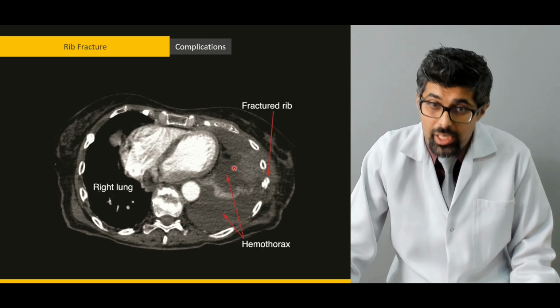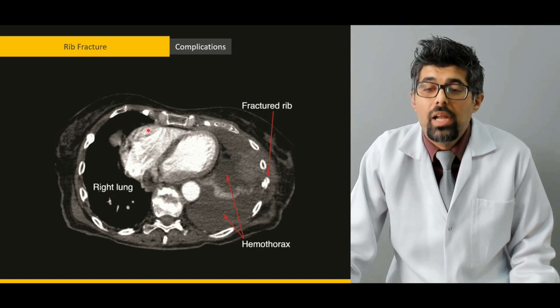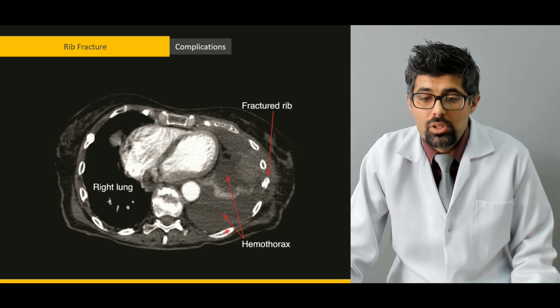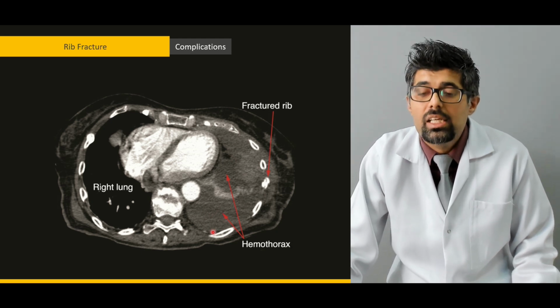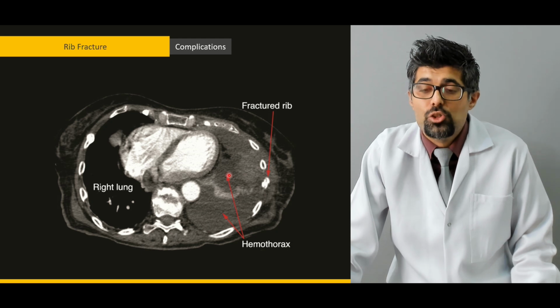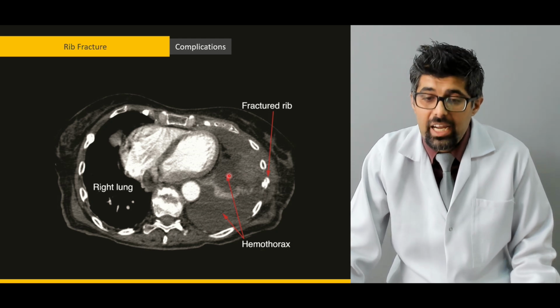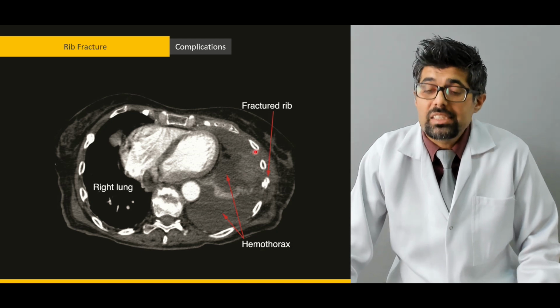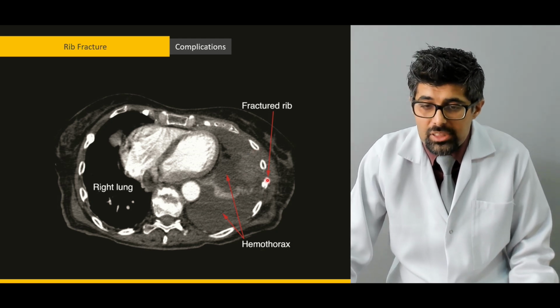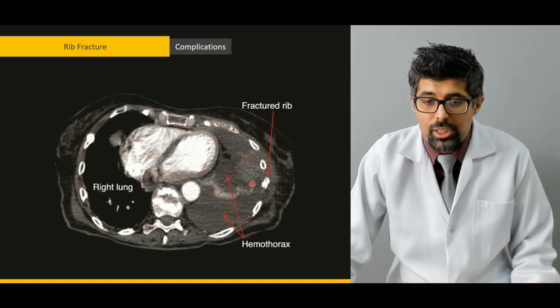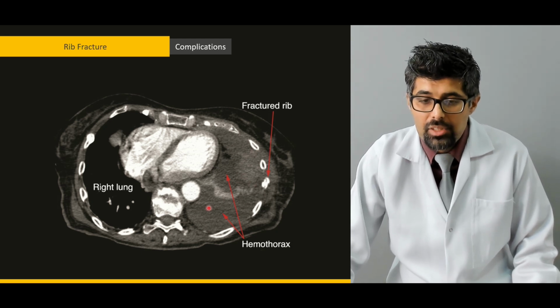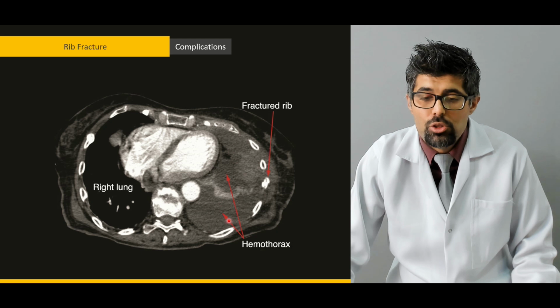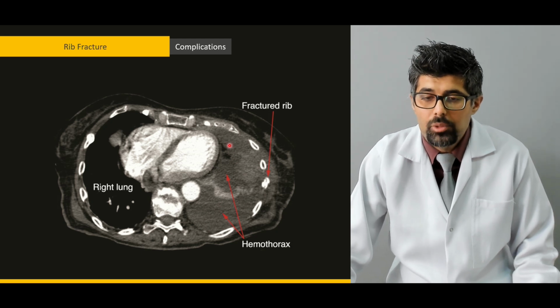Now, if it was air, it would have a black consistency, but this consistency explains that it is actually blood and it is active. We can tell it is active because this area here is the primary bleeder and this is the accumulation or the pooling of the blood.